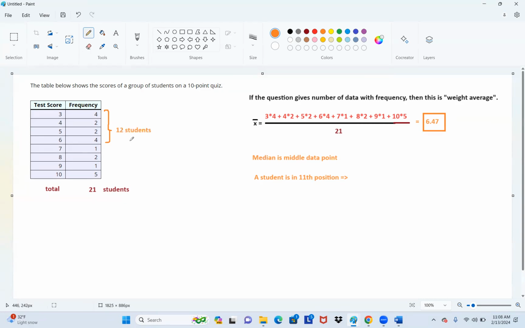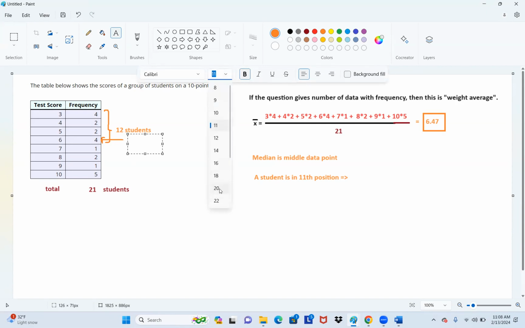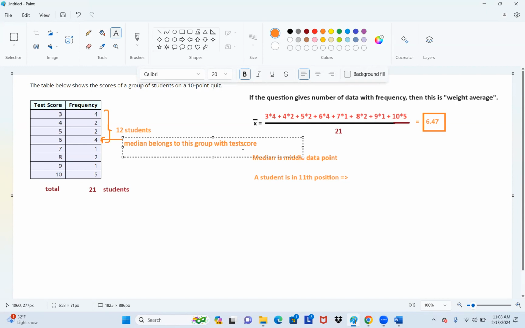In other words, the person who has the score equal to 6 is the one we locate in the 11th position, correct? So in this case, the median is equal to 6.